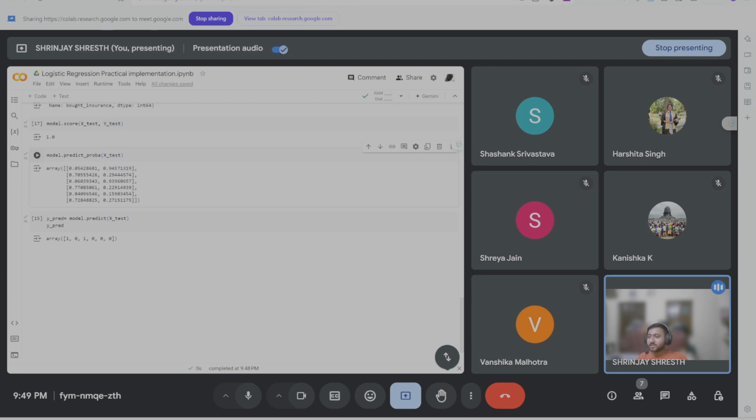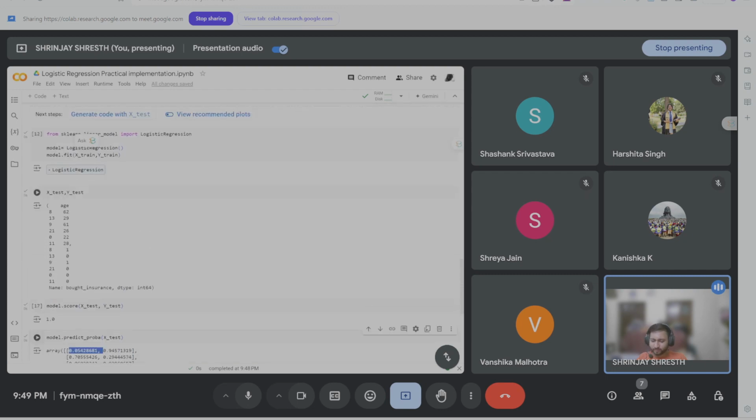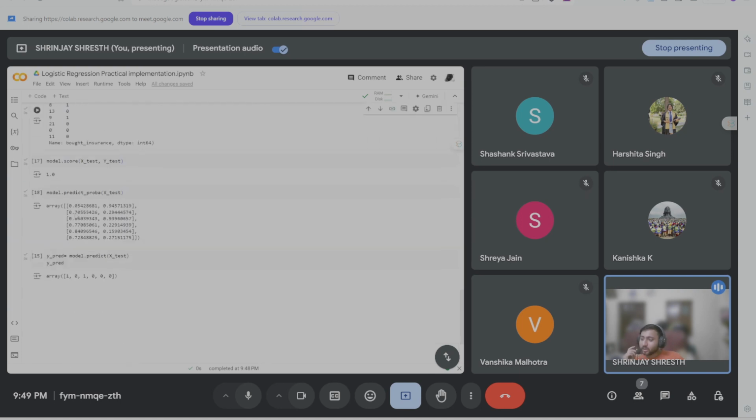So what does it say? For the very first value, that is the age 62, it says there is a 94% chance that that person belongs to class 1, that is, he has bought the insurance. What does the second value say?